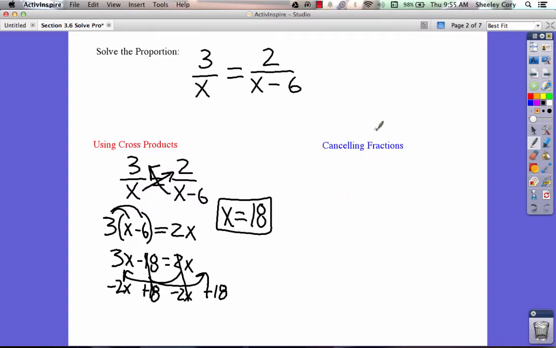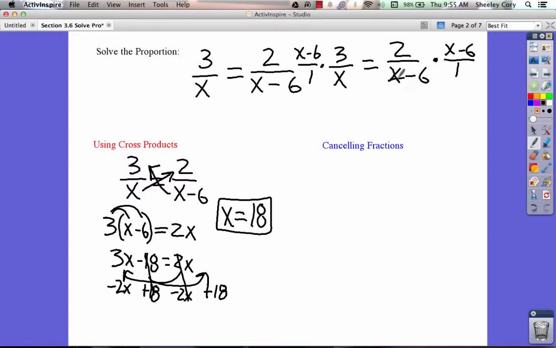So let's start with this 3 over x equals 2 over x minus 6. If I want to get rid of this fraction, first thing I'm going to do is multiply by the x minus 6 on both sides. That's x minus 6 over 1.